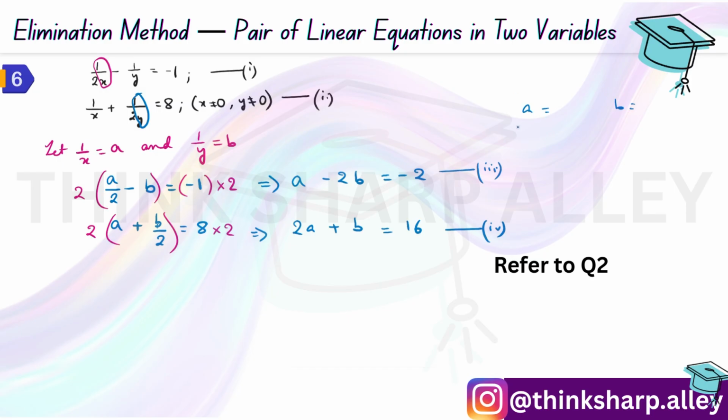So in place of a, just put 1 by x equals whatever you have got. In place of b, 1 by y equals whatever you have got. Take reciprocal on both sides, so you'll get the value of x and the value of y. And that will give you the solution of this system of linear equations. So this is another method.